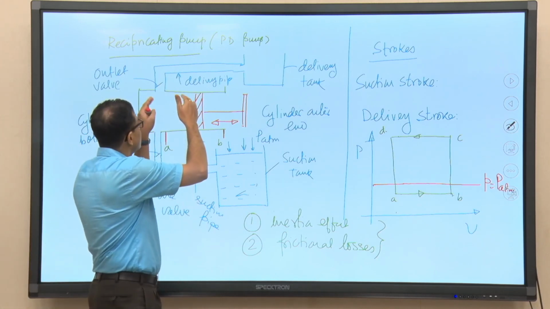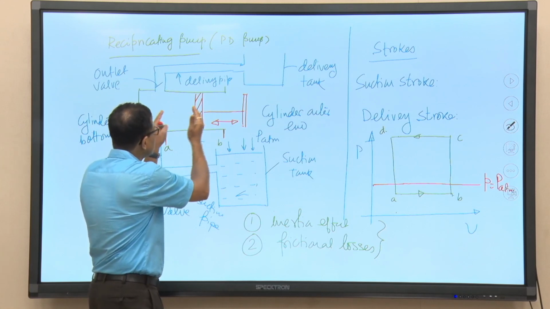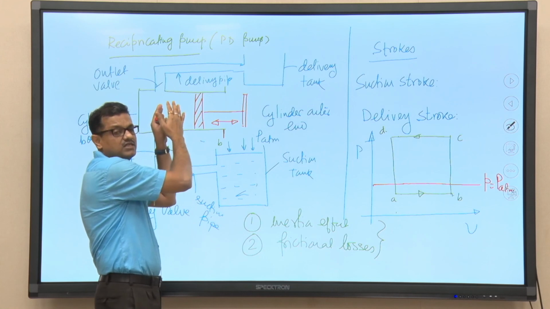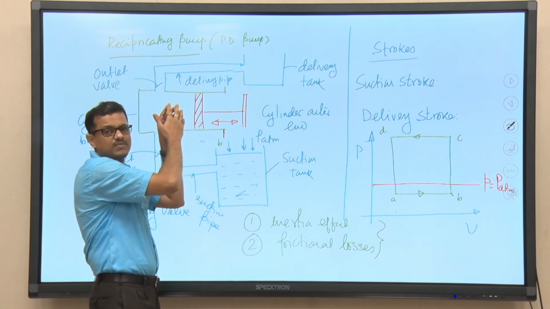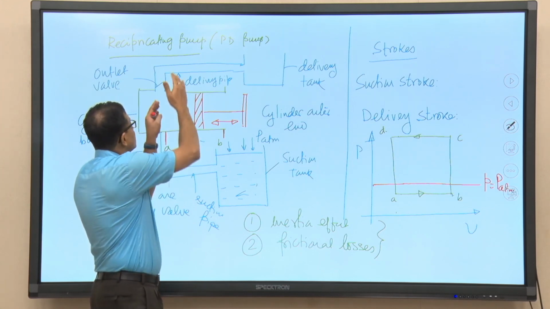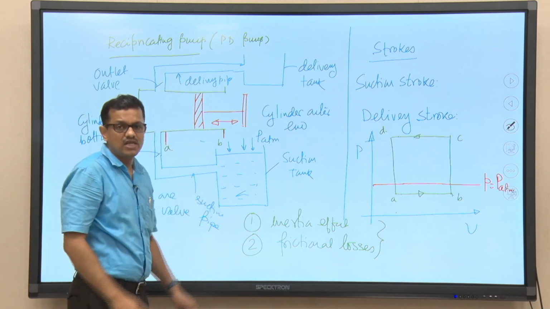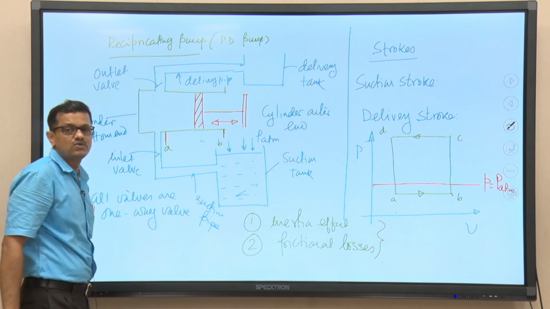Now, when the piston is compressing the liquid in the cylinder at the beginning of the delivery stroke, the inertia effect due to the liquid volume in the delivery pipeline should be taken into account.